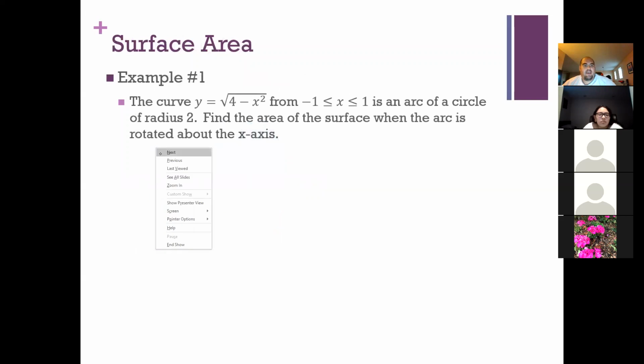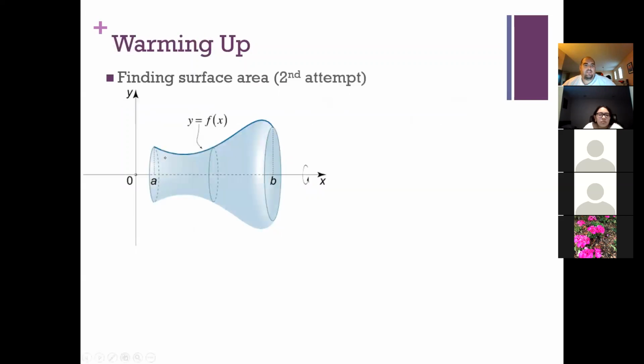I really just care about what's happening at the outer edge. This is surface area, not volume. I don't care about the inside. So I'm just going to darken in this top edge here. If I were to take that top edge and revolve it around the x-axis, what kind of shape am I making?